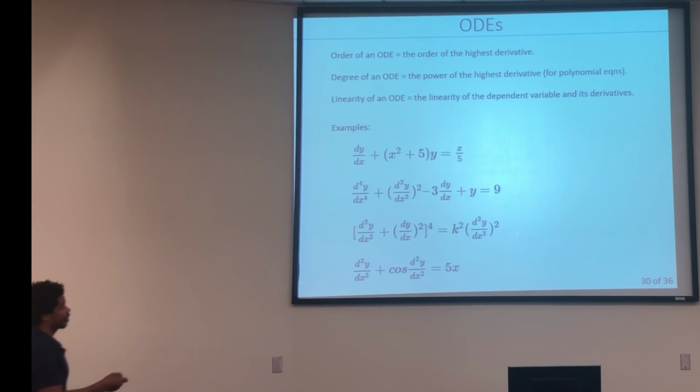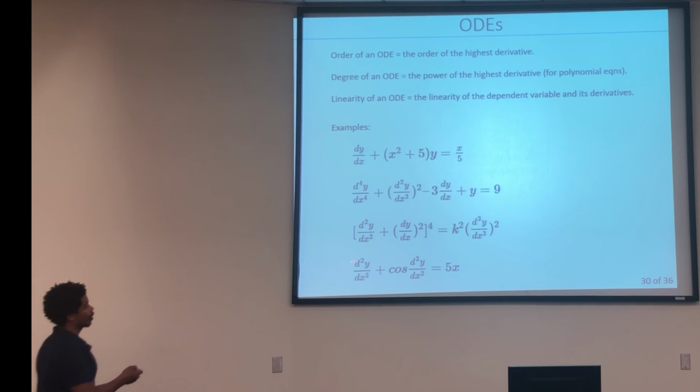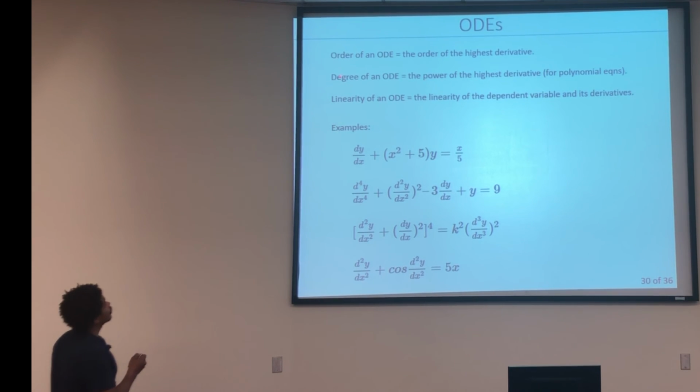What about this equation? What's the order of this ODE? Yep, 3. Highest derivative right here, 3. And what about this one? The order. Yeah, 2. Okay, so let's do the degree.